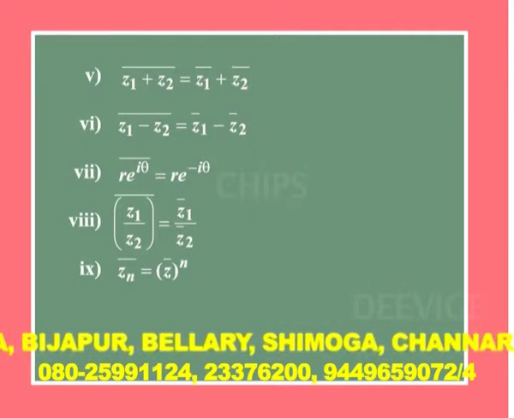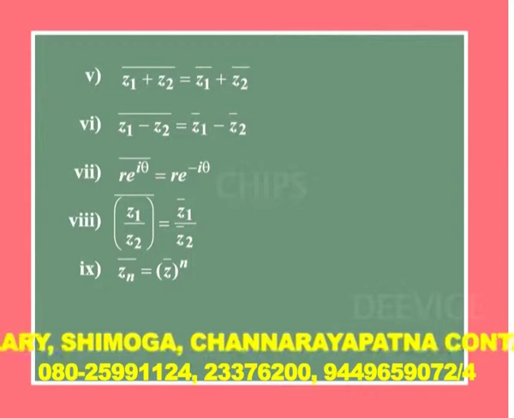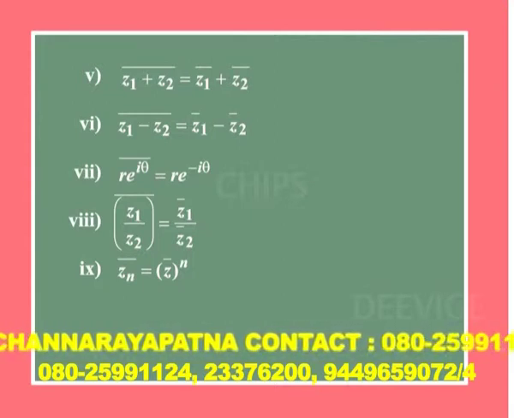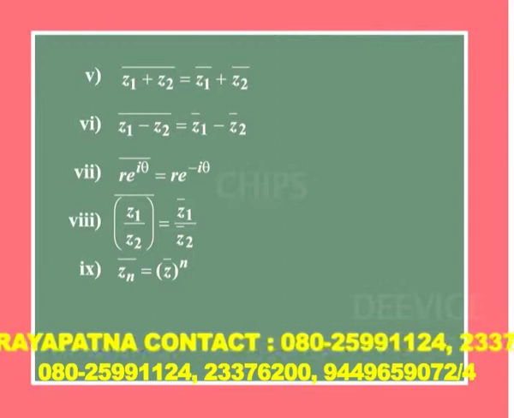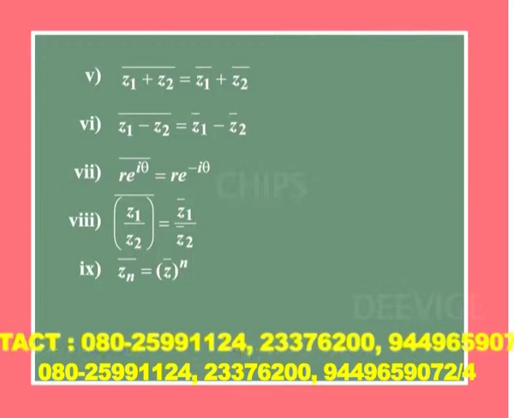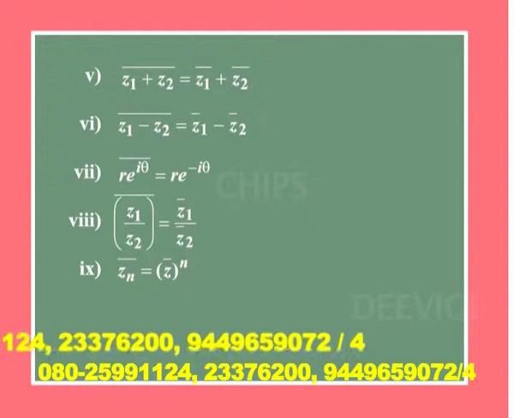Z1 plus Z2 whole bar is equal to Z1 bar plus Z2 bar. Z1 minus Z2 whole bar is equal to Z1 bar minus Z2 bar. R into e power i theta whole bar is equal to R into e power minus i theta. Z1 by Z2 whole bar is equal to Z1 bar divided by Z2 bar, where Z2 is not equal to 0.